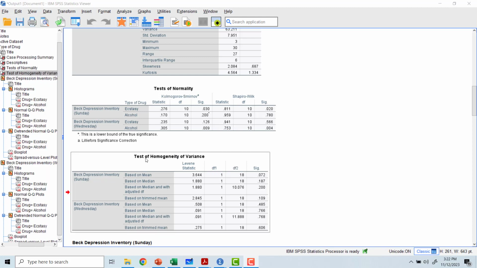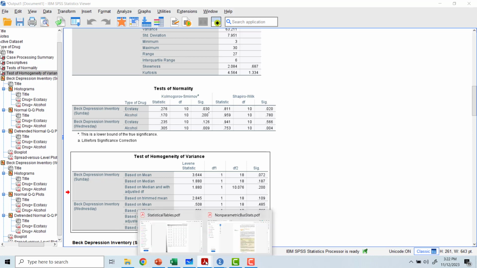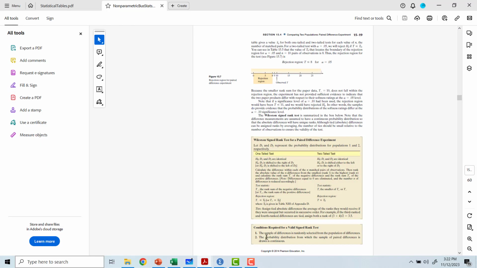Okay, so here we have homogeneity of variances. The book that we use actually doesn't need this assumption. We just need the sample of differences to be randomly selected from the population of differences, and an underlying continuous probability distribution, even if our rankings are actually ordinal.